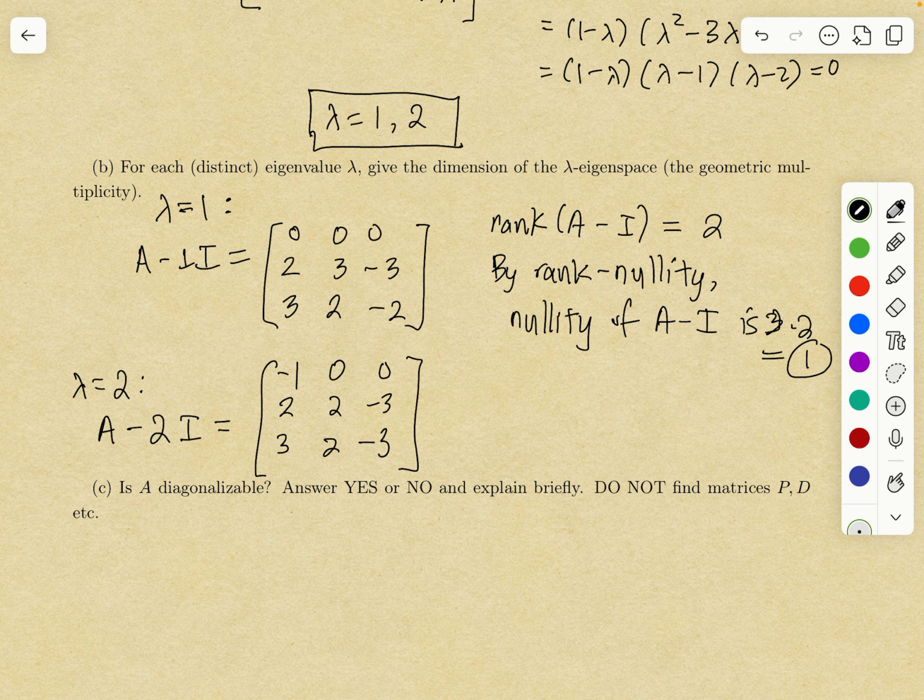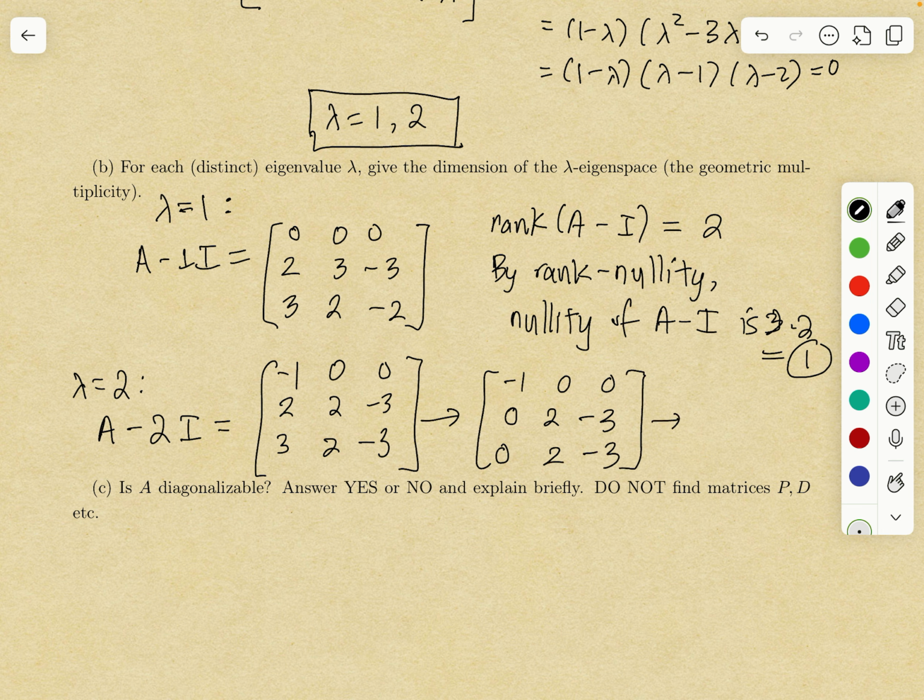One way to do it is to do the elimination. I guess I'll just do it out. Row 2 goes to row 2 plus 2 times row 1. So I get this and then this.